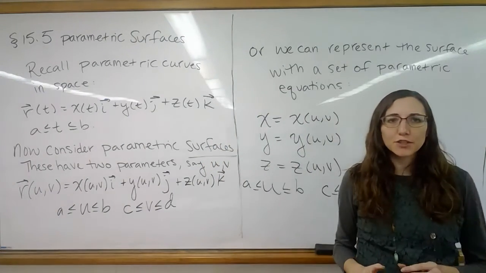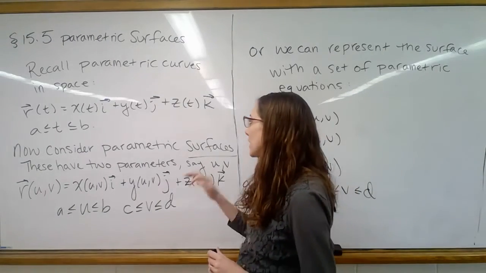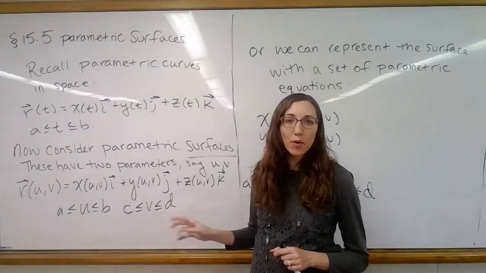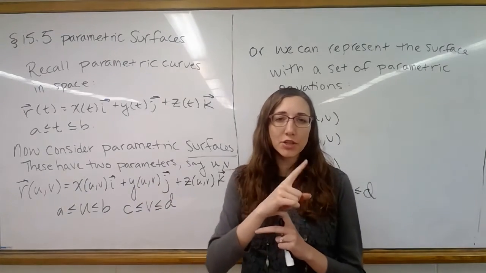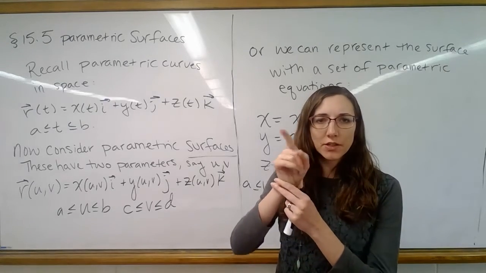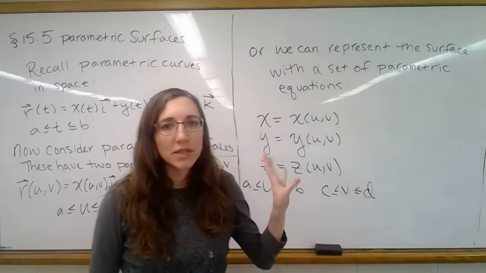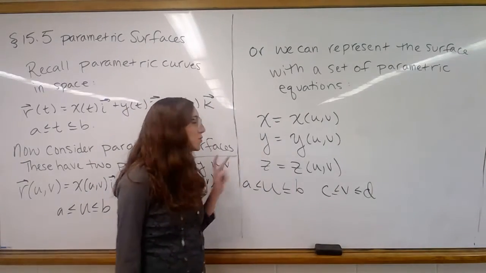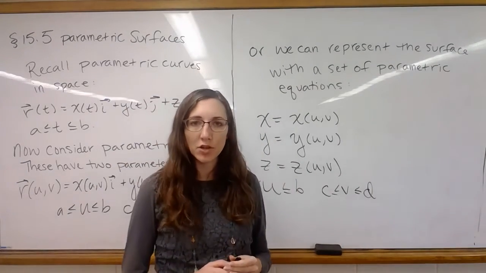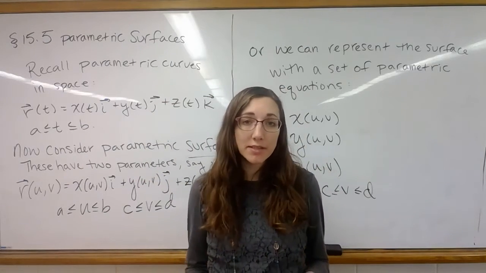So the difference is just how we're storing the information. In this one, we're tracing out the points as the terminal points of those vectors, with their initial point at the origin. So those vectors trace the points on the surface. Versus with this one, we set it up where my x, y, and z would be the points of the surface.